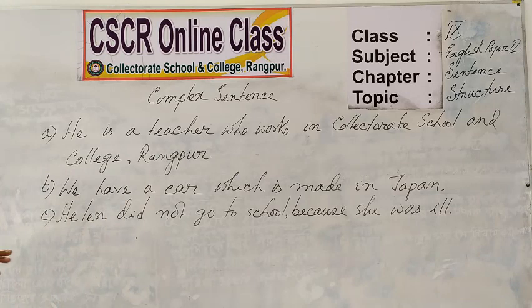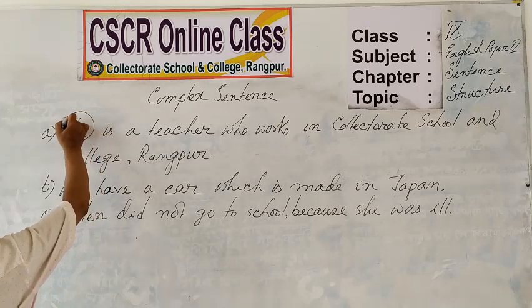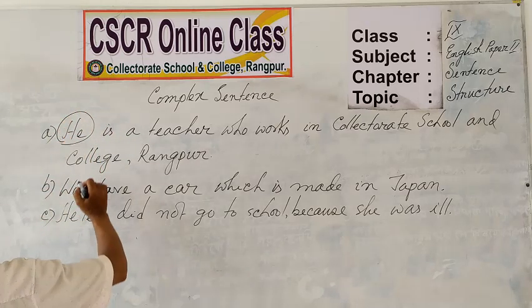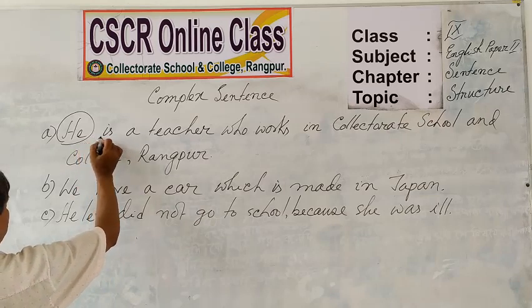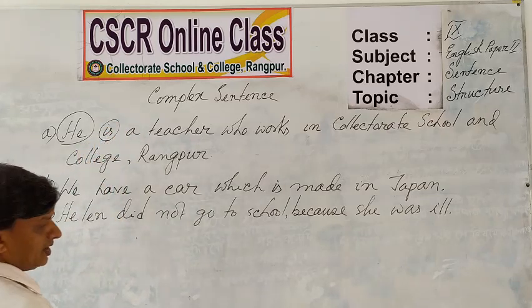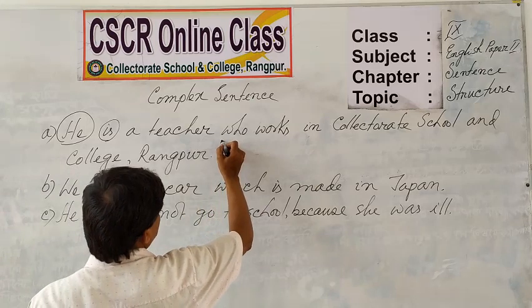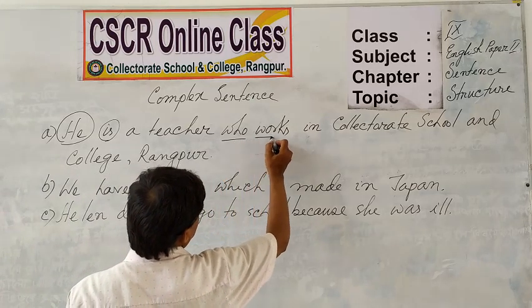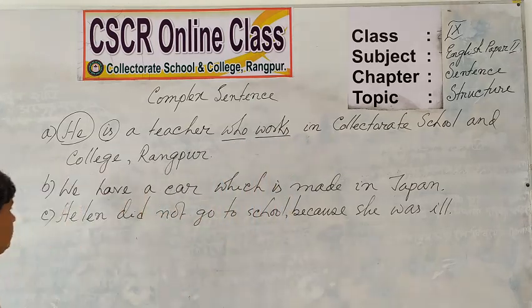Dear students, look at sentence A. He is a teacher who works in Collectorate School and College, Rangpur. What's the difference from the simple sentences? Here the subject he and finite verb is. Again subject who with finite verb works.